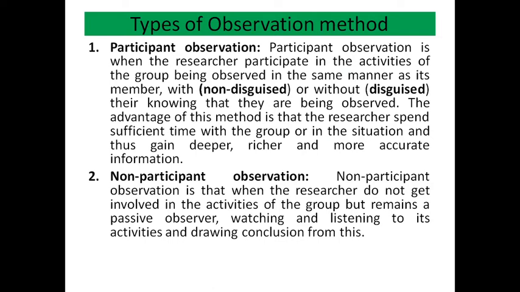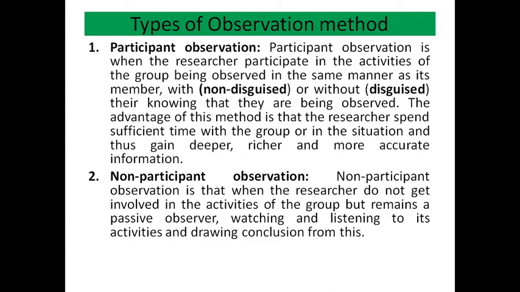In the disguised form, the observer does not disclose that he or she is observing or studying those things, or does not disclose the introduction of the researcher or the observer. So that is called the disguised form.